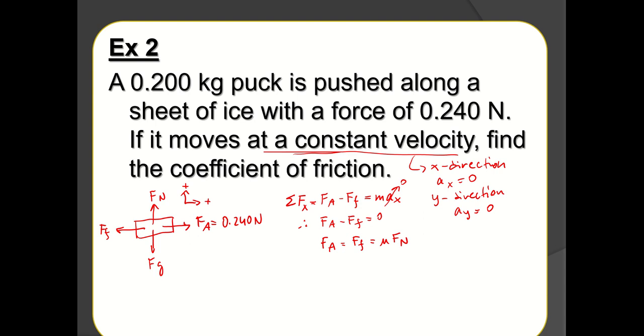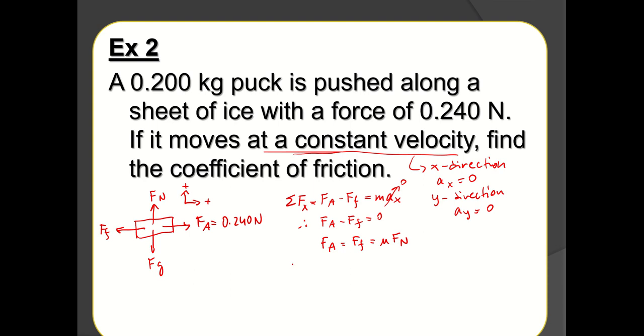But now I'm stuck. I don't know what mu Fn is, right? I don't know the mu. All I know is just the mass. So I need to find what this value is going to be. We need to find our force of friction, so we need to find our normal force.